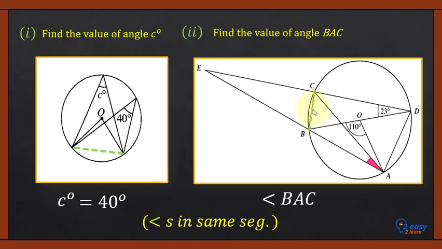That's why both angles are equal. So angle BAC is equal to 23 degrees because of angles in same segment, both angles are formed by the same chord BC.